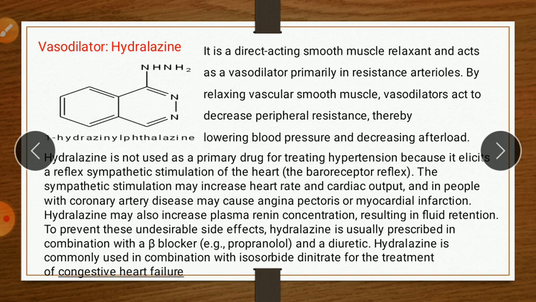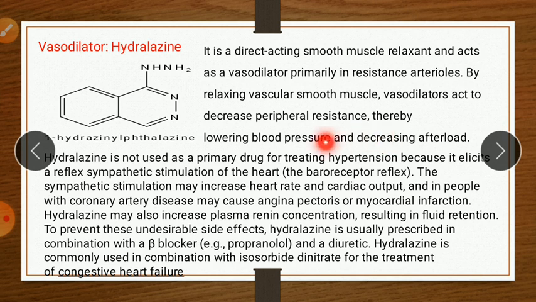Next category is vasodilator. Example is hydralazine. It is a direct-acting smooth muscle relaxant and acts as a vasodilator primarily in resistance arterioles. By relaxing vascular smooth muscle, vasodilators act to decrease peripheral resistance, thereby lowering the blood pressure and decreasing the afterload. Hydralazine is not used as a primary drug for treating hypertension because it elicits a reflex sympathetic stimulation of the heart, that is the baroreceptor reflex.